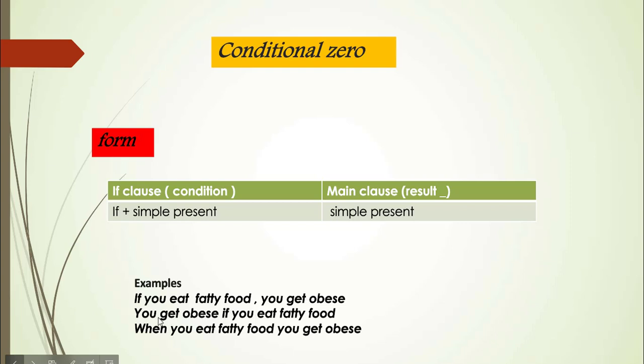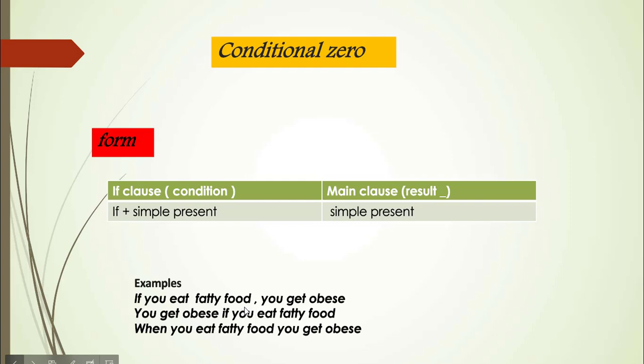And then we have "you get obese if you eat fatty food". Here "you get obese" is the main clause, and "if you eat fatty food" is the if clause.